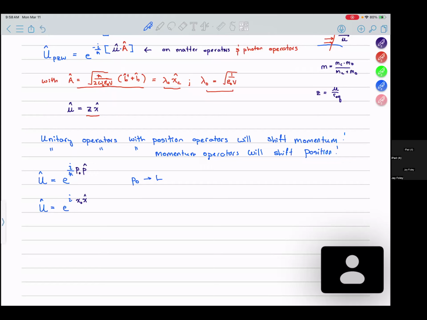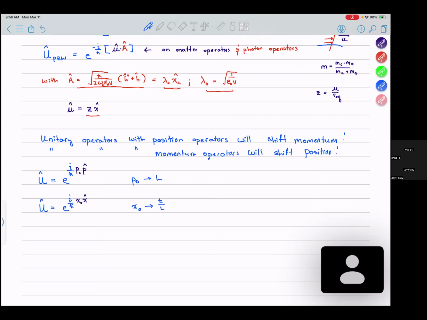And so, yeah, I still want to have h bar over here. And we'll have x naught should be h bar over length. Okay, great. And so, awesome. All right. So now p naught is going to be a quantity which has dimensions of length. x naught is going to be a quantity which has dimensions of h bar over length, and that's another way of saying has dimensions of momentum.